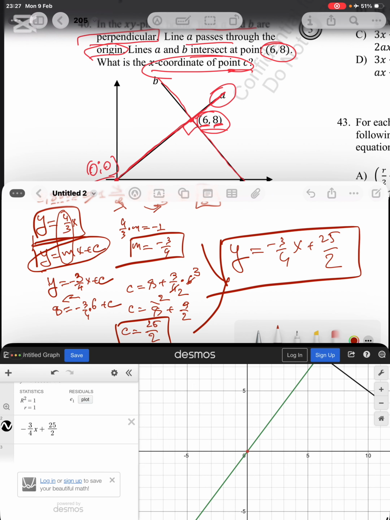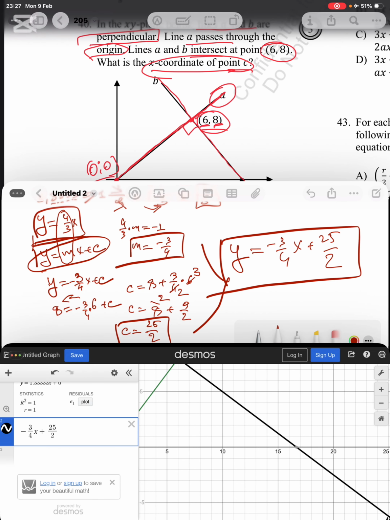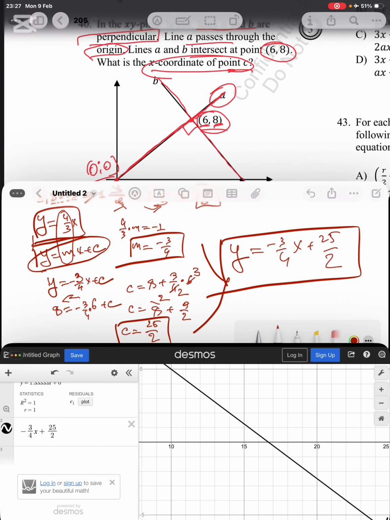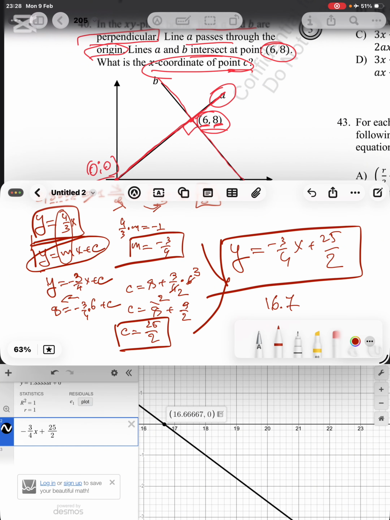That gives our equation. And we have to find this point. So that's it. It gives what? The x coordinate of this expression is going to be 16.7.